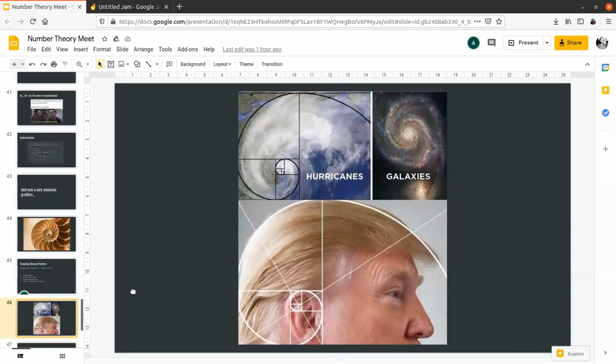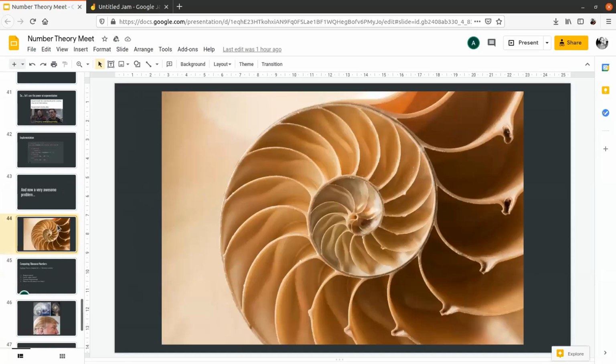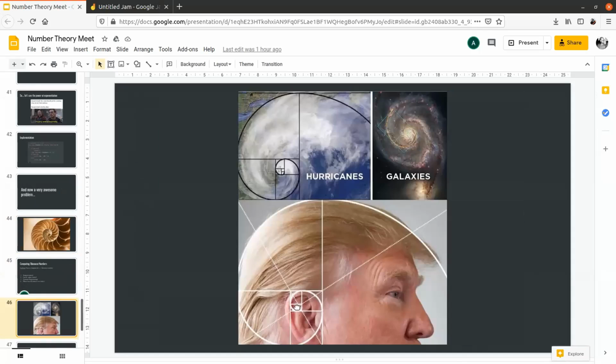So what do we actually do? Also, another cool thing about Fibonacci numbers, and what does this diagram even mean? These are basically circles. Initially you start with a circle of radius 1, and then you take two circles of radius 1 and construct a bigger arc, part of a circle that has a radius 2, and then you keep on doing that and you get a spiral like this.